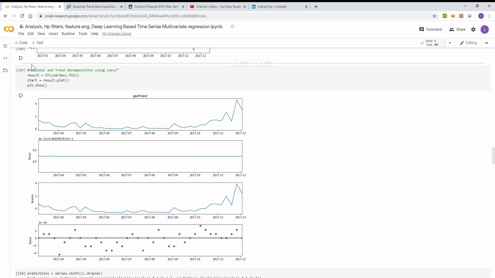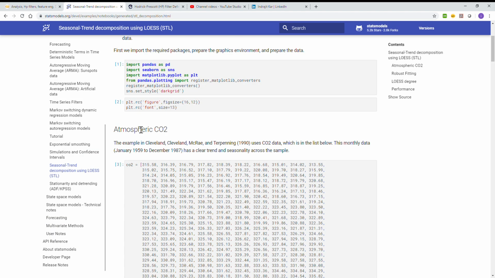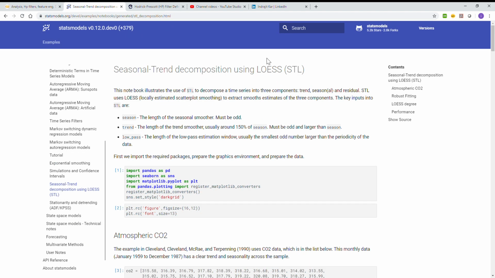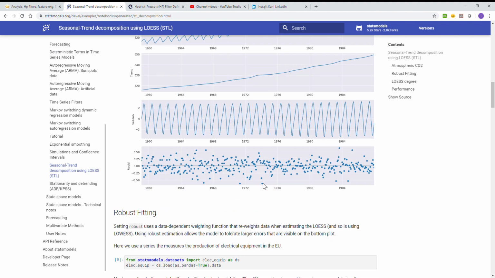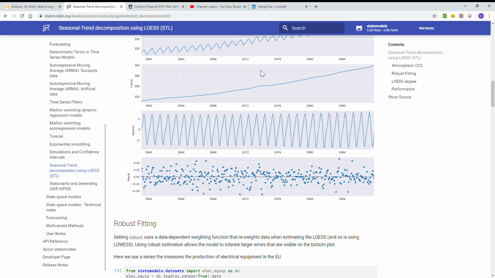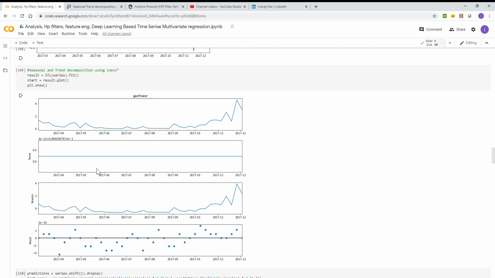STL is seasonal and trend decomposition using Loess. Now where do I find this? It is here. I think there is a very good example, and I have used it on my data set as well. This is one type. It will give you trends, seasonality, and residuals.